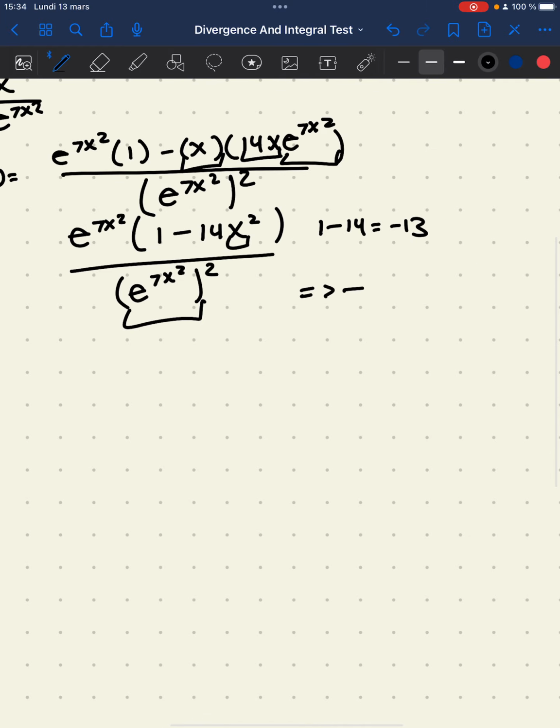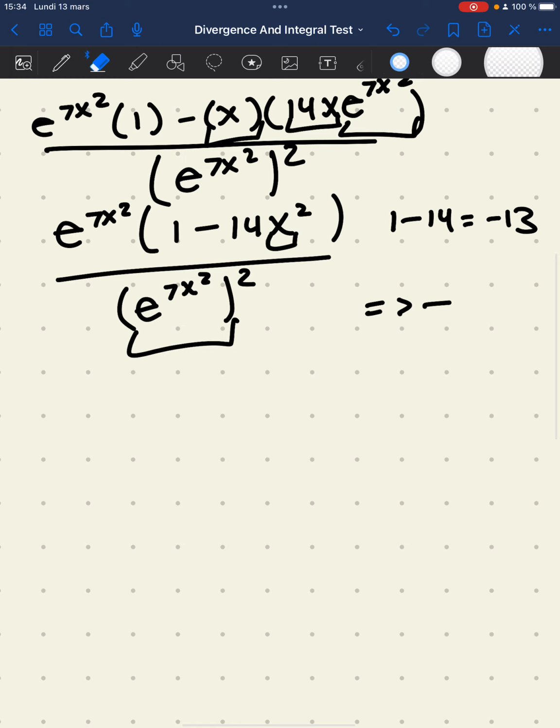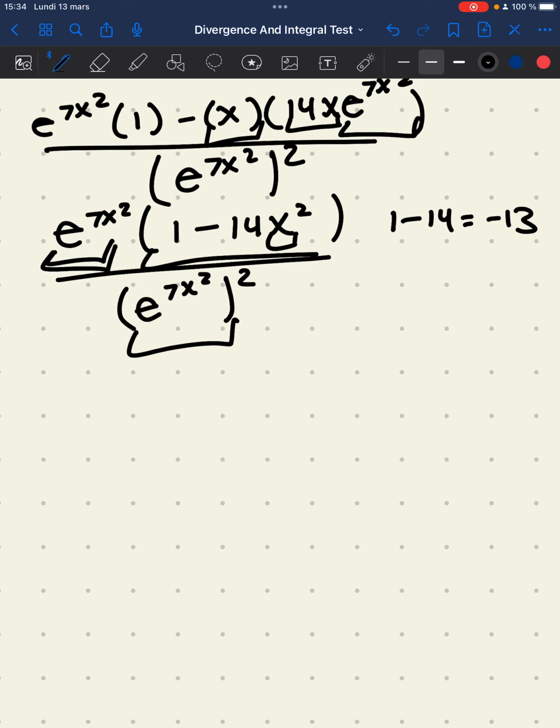Now, something you have to see is that this e on the outside won't really affect anything because it'll just be positive. If it were to alternate between positive and negative, then it would be an issue. But since it's just going to be a positive number the whole time, a positive number times any negative number would just be negative. Your numerator would be negative and your bottom would be positive, so the whole thing becomes negative.